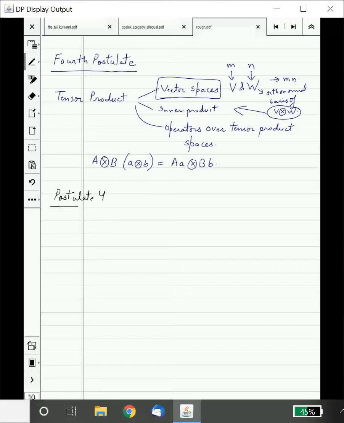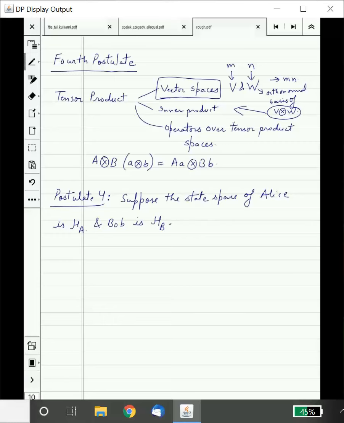What does it say? To be precise, suppose we have two parties, first is Alice, her state space is HA, and Bob is HB. So we have two systems, one system is with Alice, one system is with Bob.